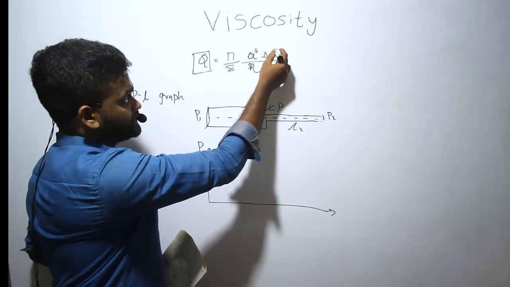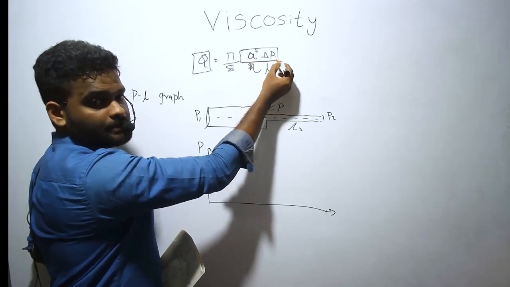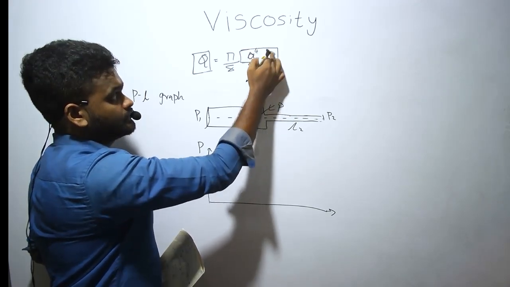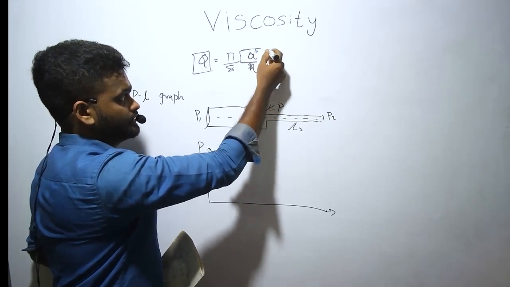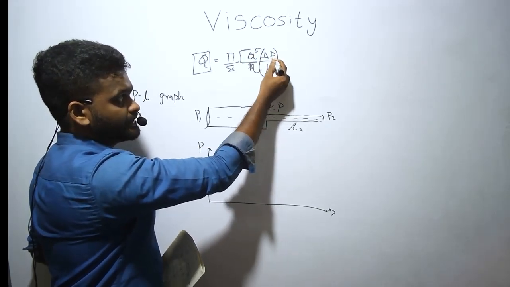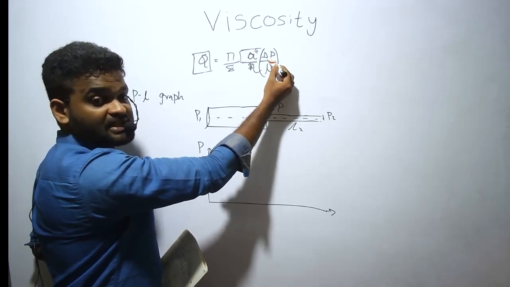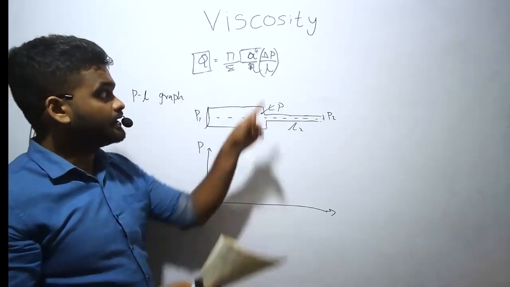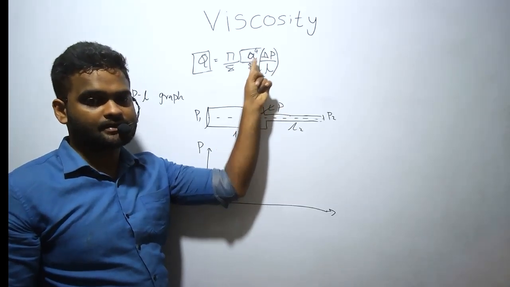Then if you think about this one, A to the power 4 delta P, this is what we need. Delta P divided by length. What is this? This is called pressure gradient, remember? Delta P, when you divide it by the length, it is called pressure gradient.